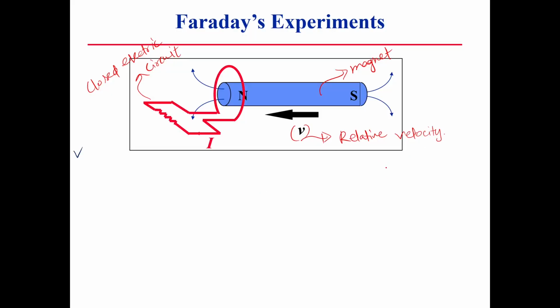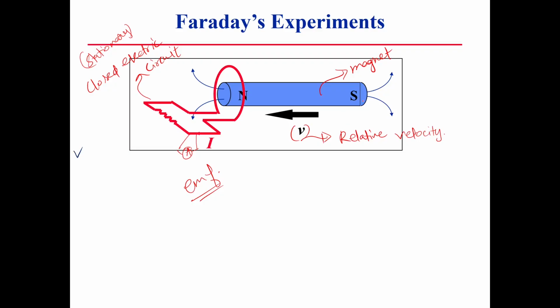Relative velocity means here I am keeping the closed electric circuit stationary, and then I am taking that magnet closer to this electric circuit, and thus I am getting some sort of EMF. I can measure that with an ammeter here.